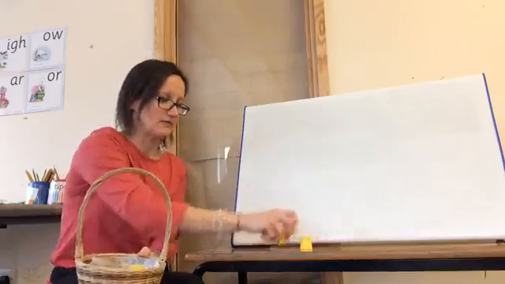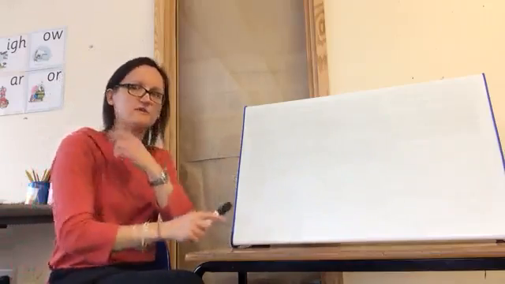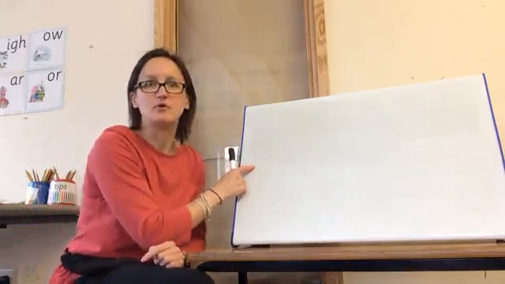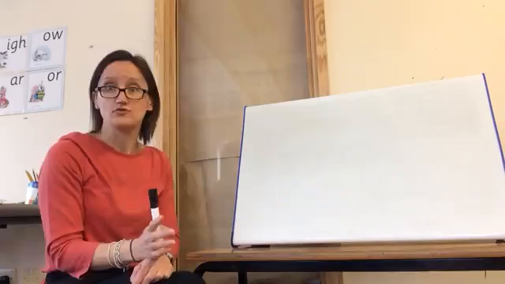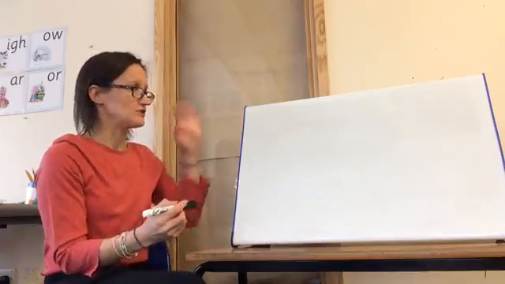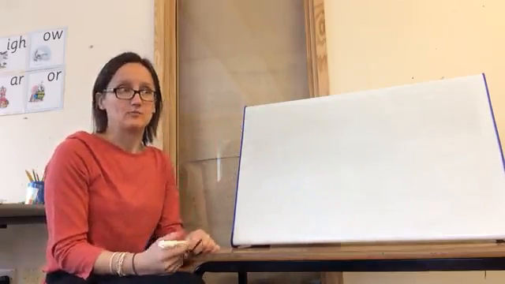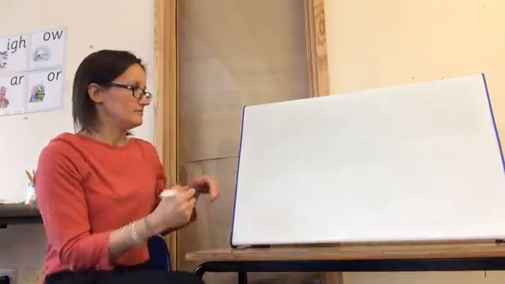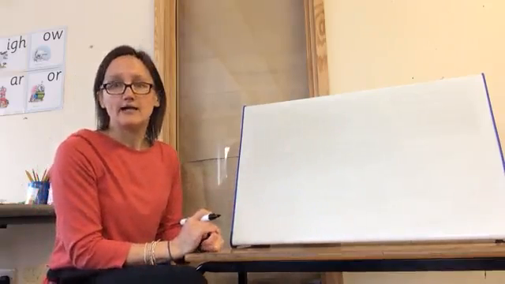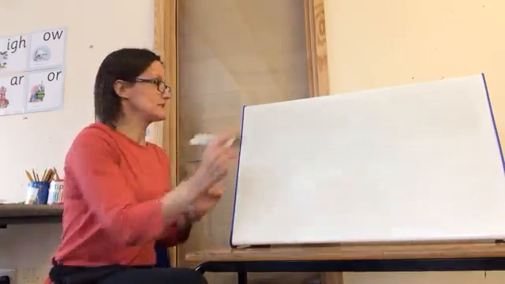Right, this time I'm going to have a look at another problem, but instead of using objects I'm going to use my board, and I'm going to draw some pictures to help me. Now it doesn't matter if you can't draw, Mrs. Doherty's not very good at drawing, it doesn't matter what our pictures look like, we're just going to put some marks on there to help us. Okay, so I went to the shop and I bought 3 lollipops.